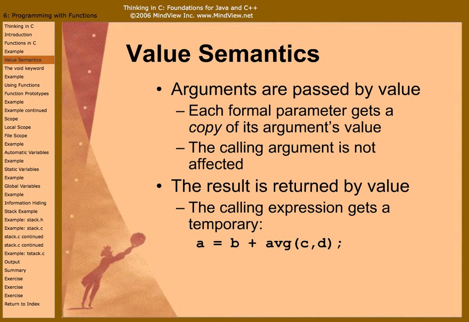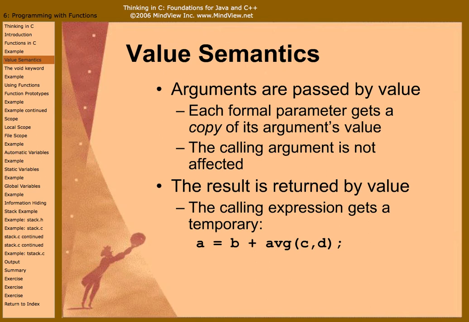When values are returned from a function, the same thing happens. A copy is returned. And what this does is it allows you to embed a function inside of an expression. So in the example we have here, a equals b plus avg of c comma d, the function avg is called, copies of c and d are created, and they become the values of the formal parameters in the function.